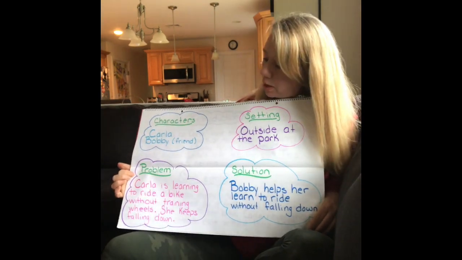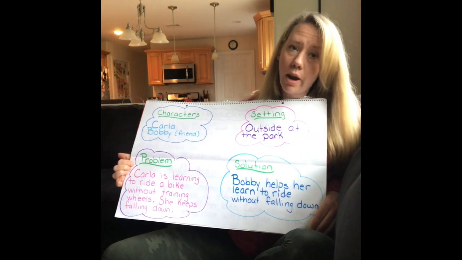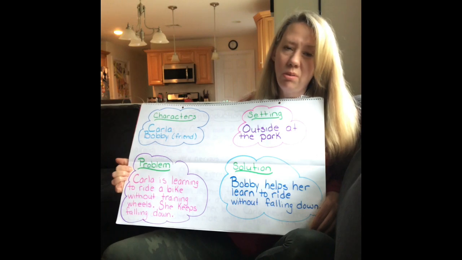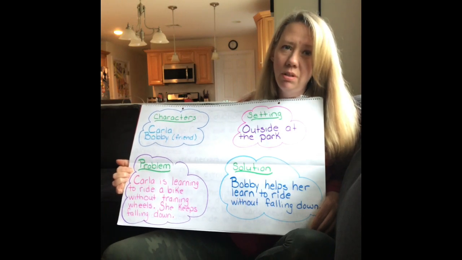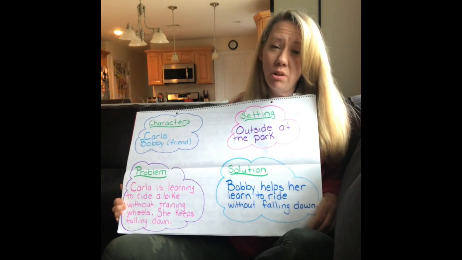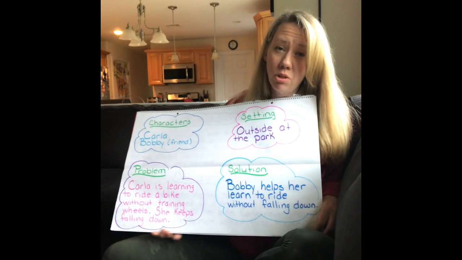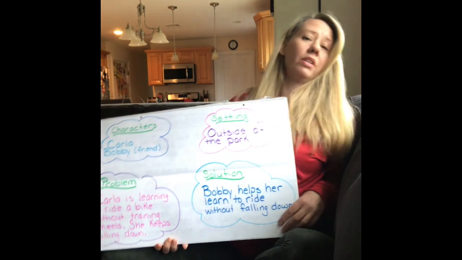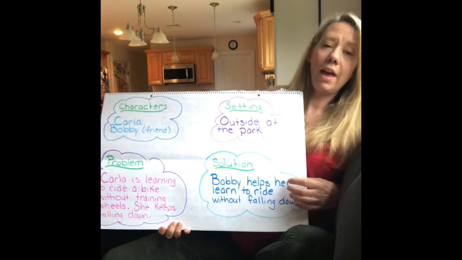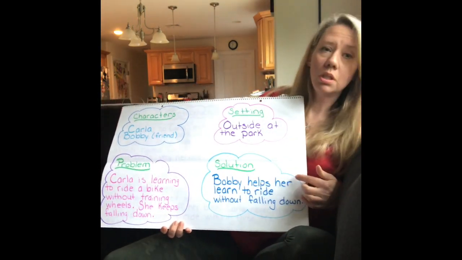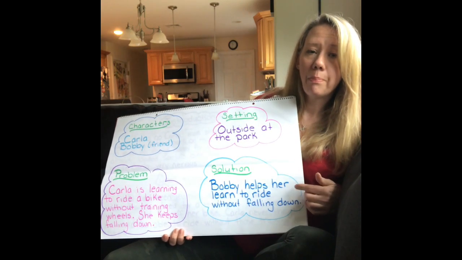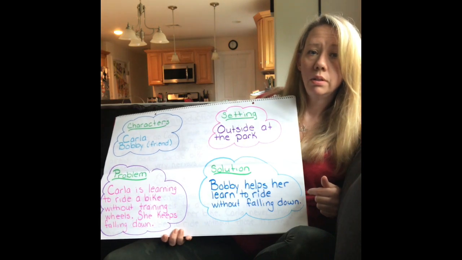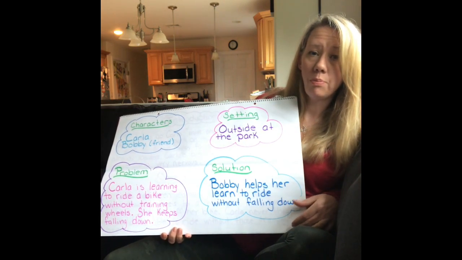I thought that Carla is learning to ride her bike without training wheels, but she keeps falling down. Did that ever happen to you? I know Sarah's been trying to learn how to ride her bike without the training wheels, and she has scrapes and bumps on her knees from falling down. Poor thing. And then Carla's solution to the problem in the story might be that Bobby helps her learn how to ride without falling down. It's always good to have a friend that can help you.